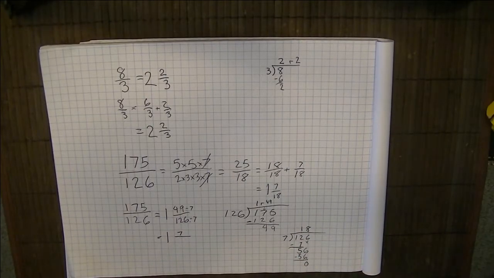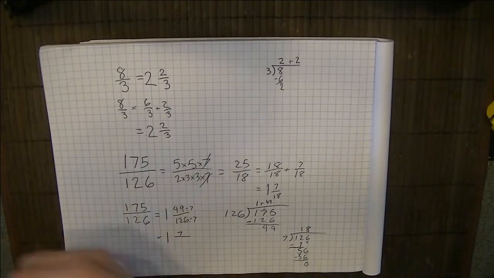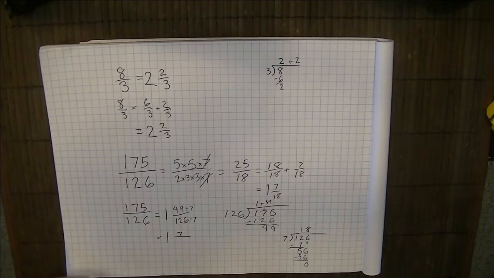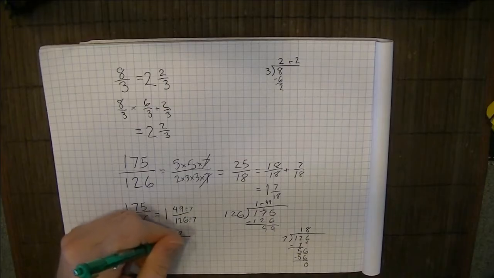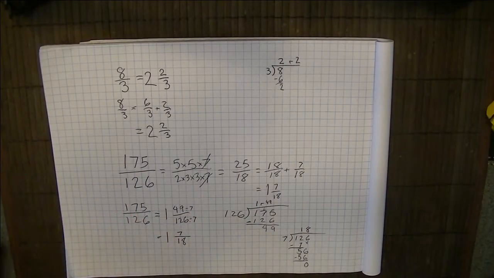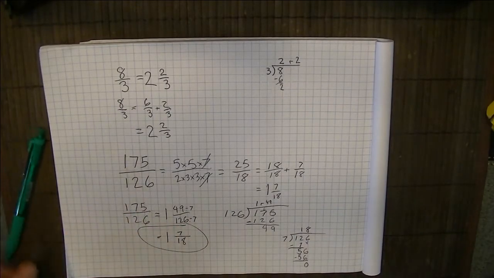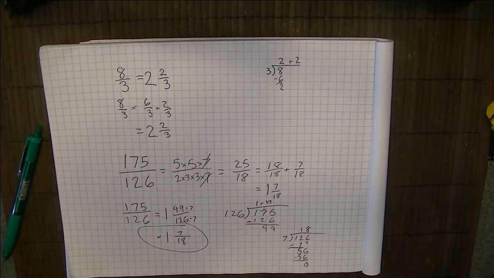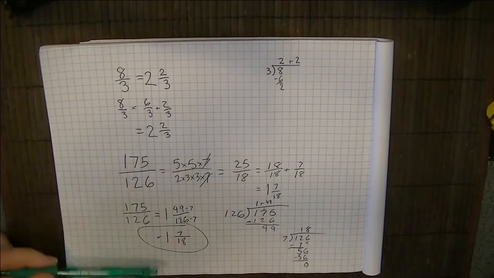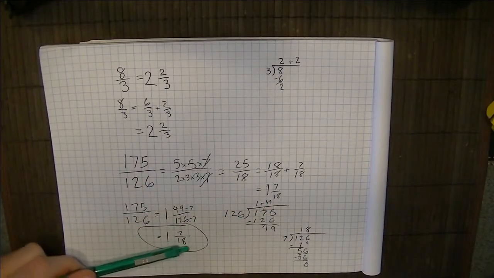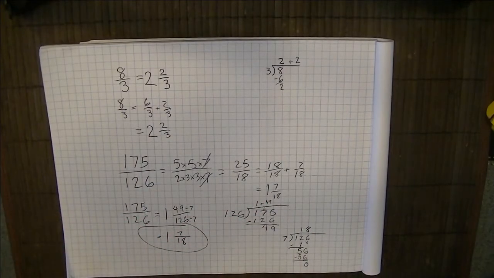So that gives me a remainder of 0, which is good because 7 does in fact go into 126. So my result there is 1 and 7/18. That did take a little bit more work than with the prime factoring. Okay, both are valid and you'll get full marks on a test if you do either of these two ways. Just the prime factoring I think is faster.